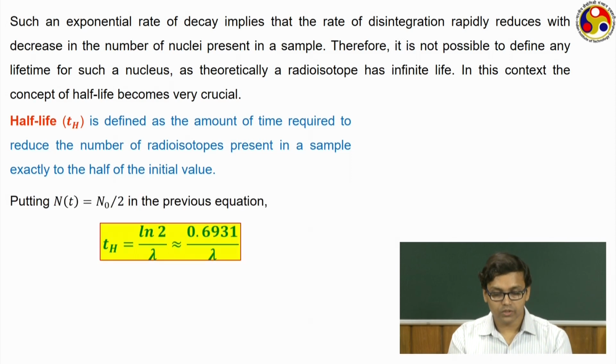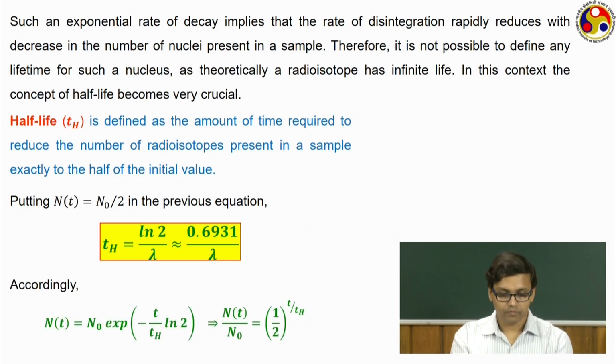If we put this into the previous mathematical expression, putting N equal to N naught by 2, we get T_h is equal to log 2 by lambda, or approximately 0.6931 by lambda, a very important relationship from the radioactivity point of view. We can clearly see the half-life and the decay constant are inversely proportional, and that their product is equal to log 2.